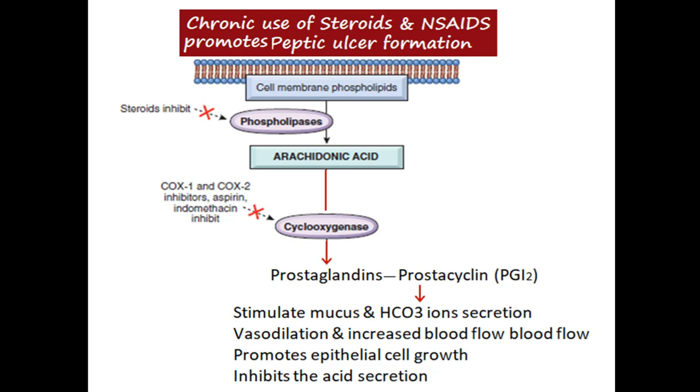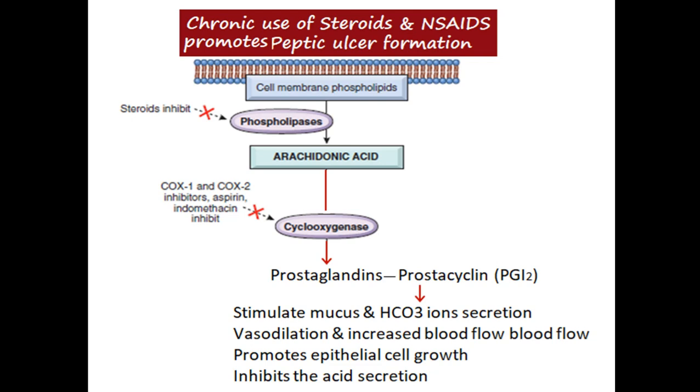The COX-1 and COX-2 inhibitors, particularly aspirin, brufen, indomethacin, and so many drugs that are available over the counter, inhibit the enzyme cyclooxygenase. And by inhibiting cyclooxygenase, they deprive the stomach of the very important protective mechanisms that are offered by the prostaglandins.